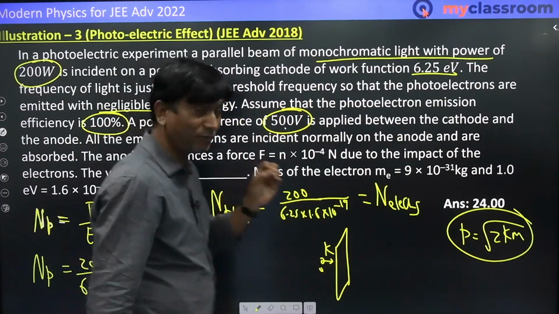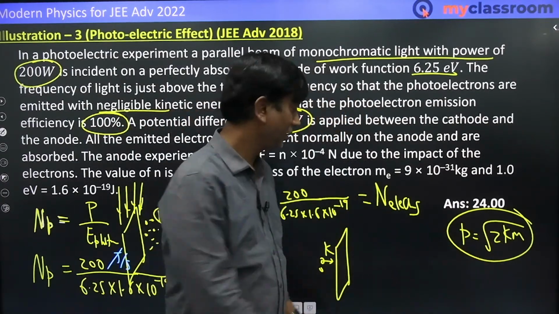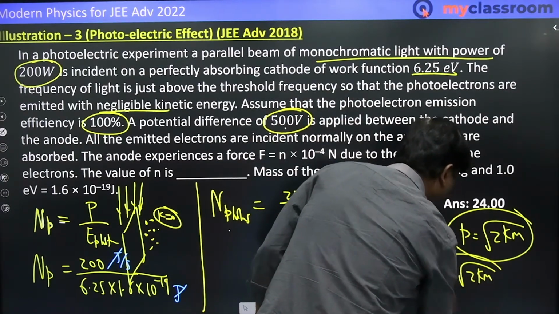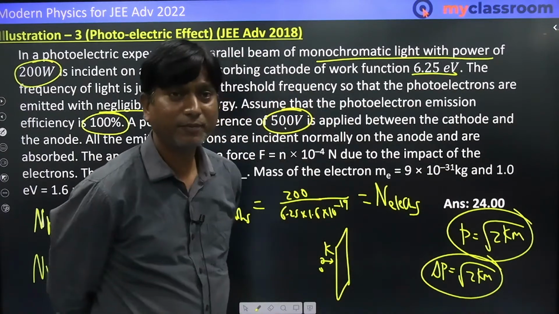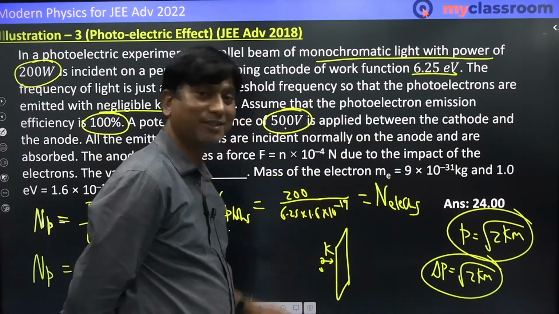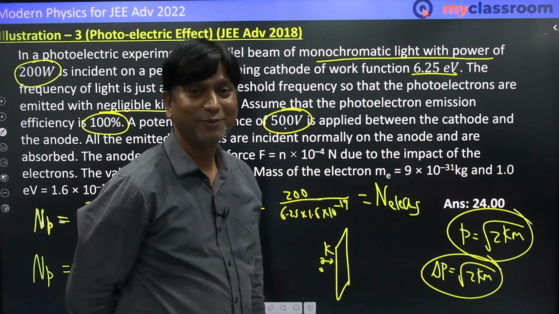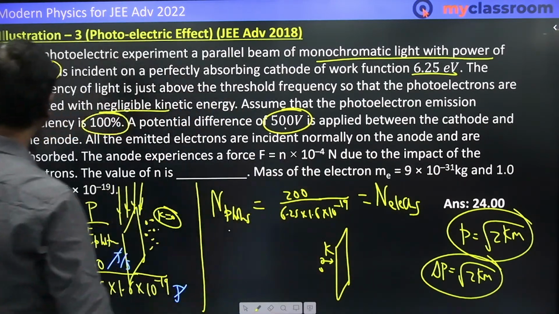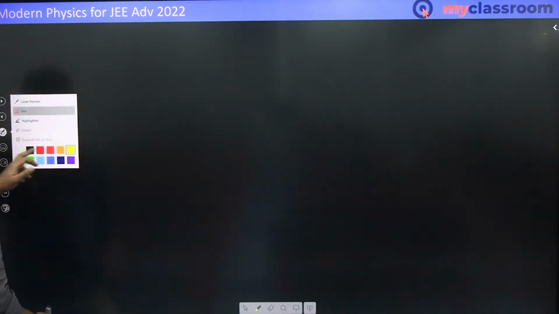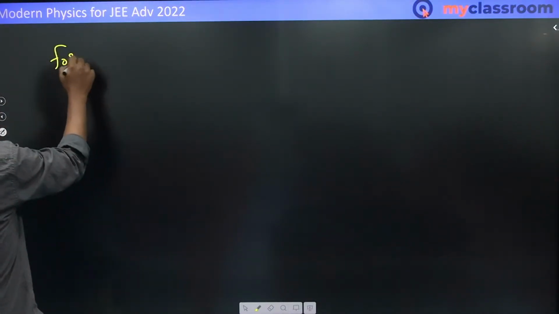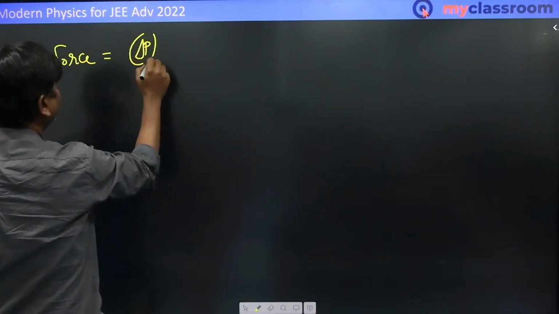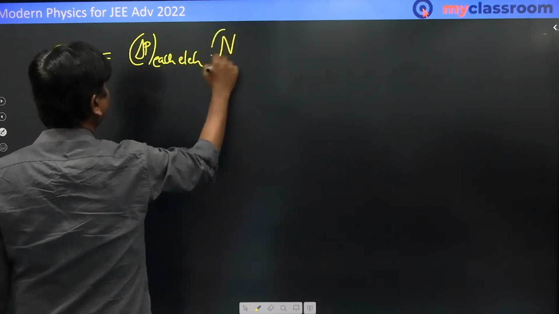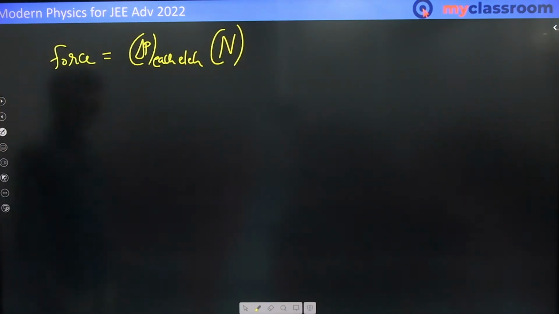So the change in momentum of one electron is root of 2Km. This change in momentum of one electron times the number of electrons striking per unit time will give the force exerted. So I want to calculate the force: the change in momentum of each electron times the number of electrons striking per unit time.